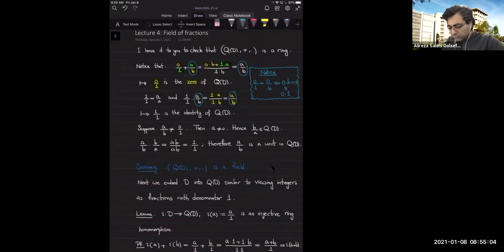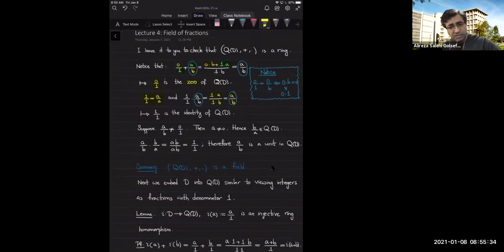And it's also useful to notice that 1 over 1 is the same as a over a, as long as a is not 0. And therefore, all of these represent the same identity. These are compatible with your intuition from rational numbers. You see that all of them can go on, so all of them work for field of fractions of an arbitrary integral domain.